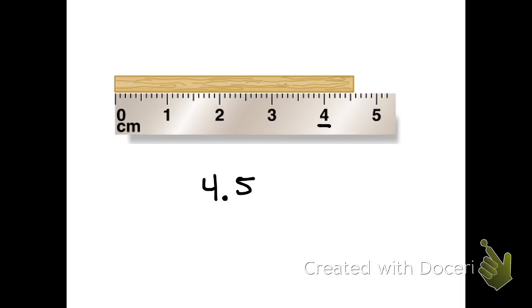Because the next uncertain digit is between 5 and 6, we're going to have to estimate that digit. Now it is important, we do have to include one estimated digit in every measurement. So we're going to estimate that I am probably about a 7. You might estimate it as a 5 or a 6 or some other digit, and that's okay.